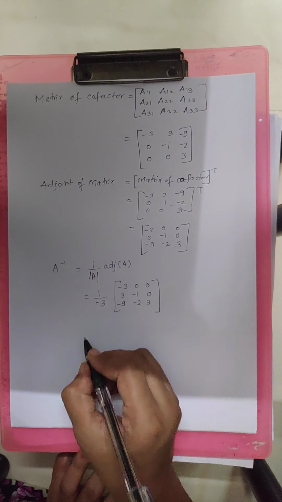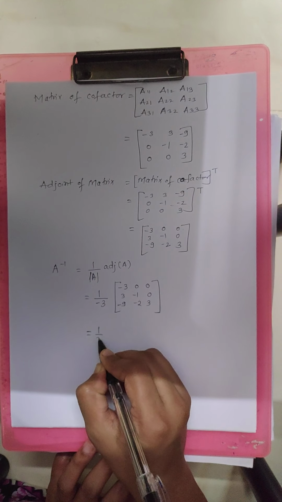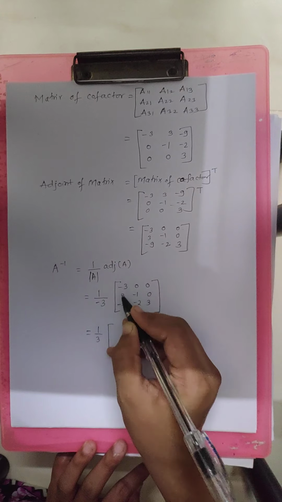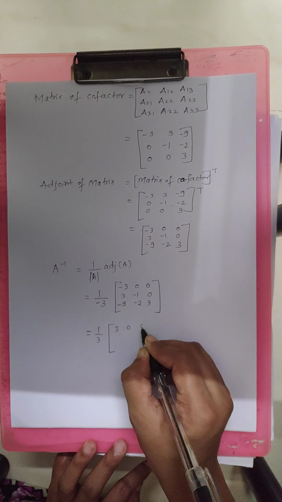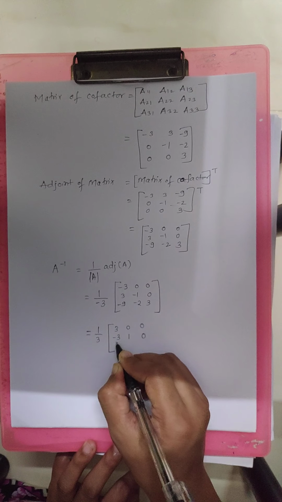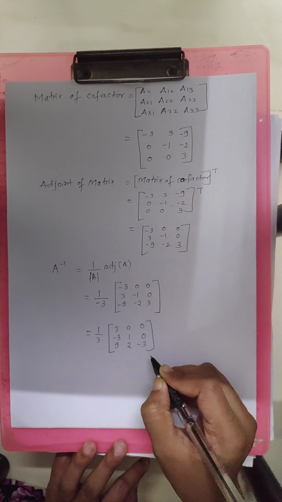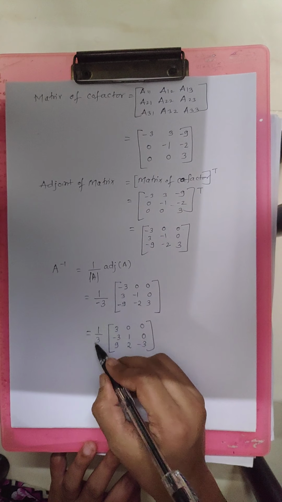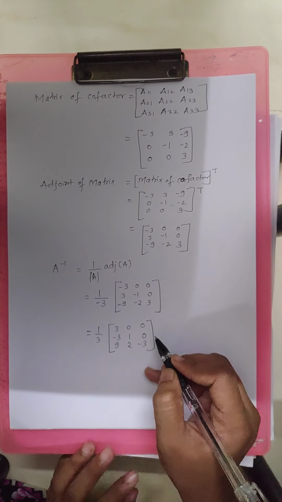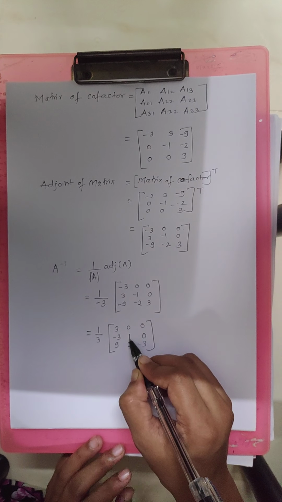You can also simplify this. We distribute the minus inside, so it will be 1/3 times minus, minus, plus 0, 0. This will be minus, this becomes plus, this is 0, this becomes plus, this becomes plus, and this becomes minus. You can also distribute 1/3 to all the terms, but it is okay because 2 is not divisible by 3 and 1 is not divisible by 3.